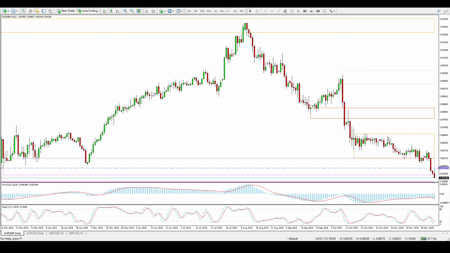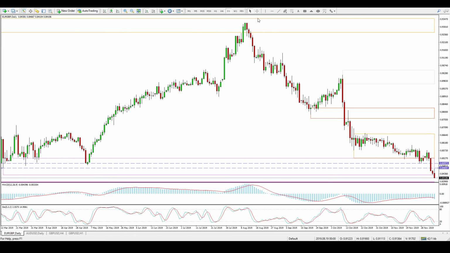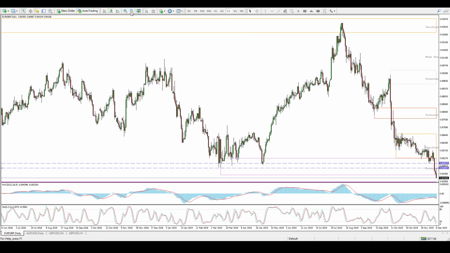Looking at it in a daily chart, same thing. Look at this level right there, and then 4 hours, same thing. It's not a location for me that I say, okay, this is a good place to buy or a good place to sell.